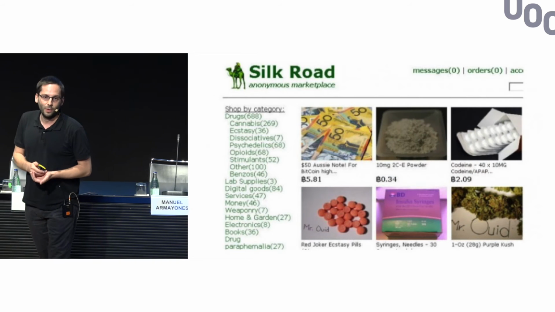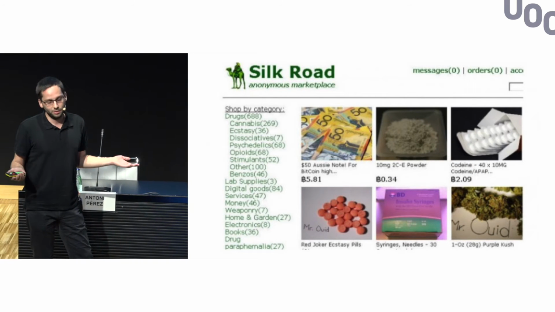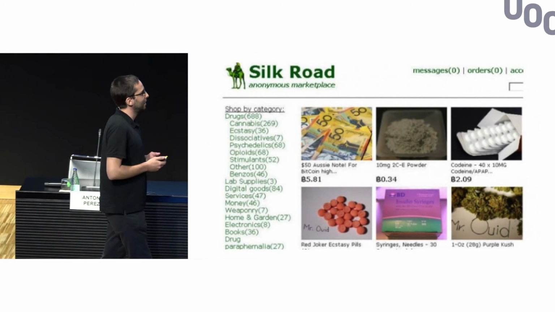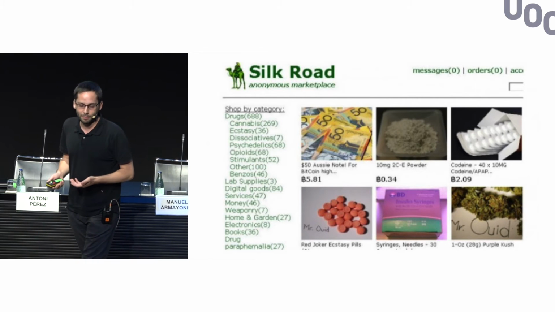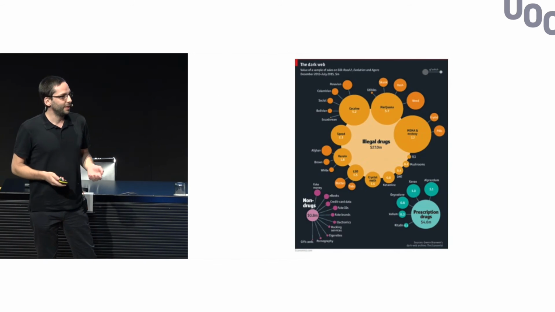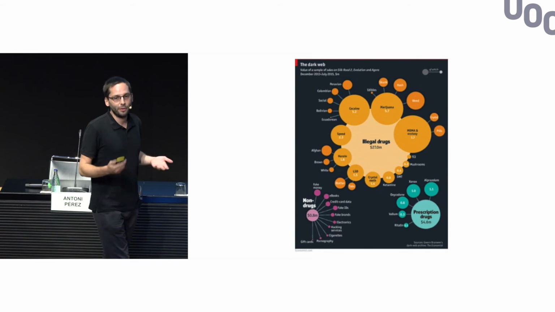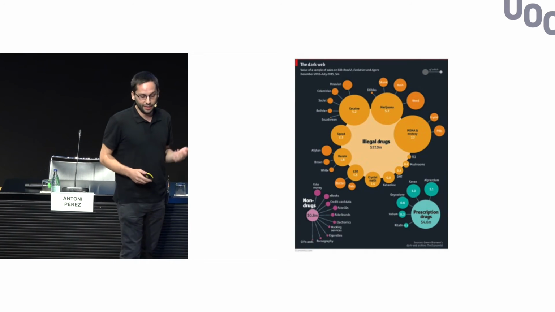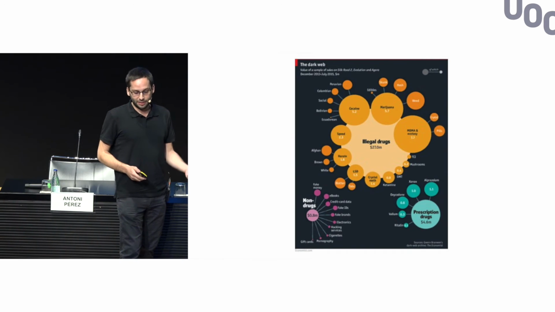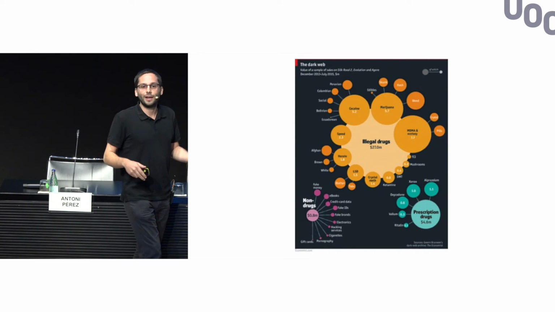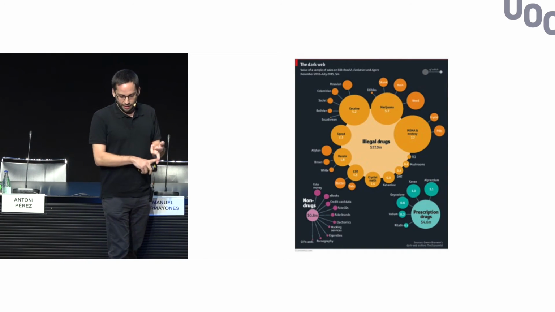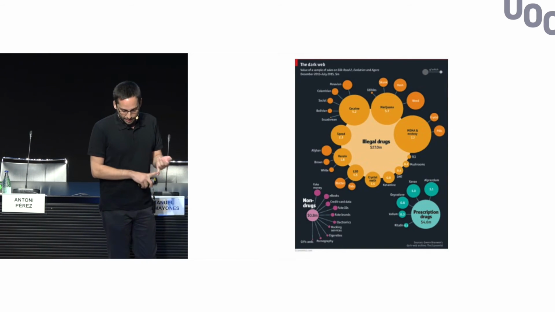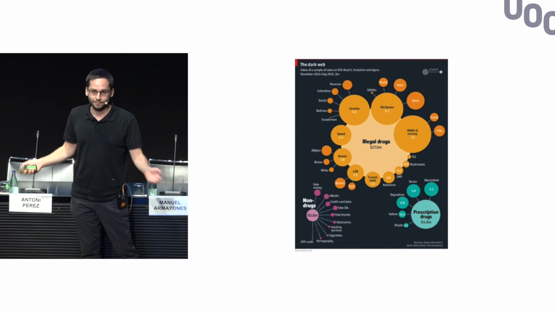The Silk Road was a website similar to Amazon that you could access just through Tor, in what we call the dark web. In this type of website, the typical products that you find are mainly illegal drugs, then prescription drugs, and then there are some other non-drug activities, like fake money, credit card data, fake IDs, hacking services, and worse things.